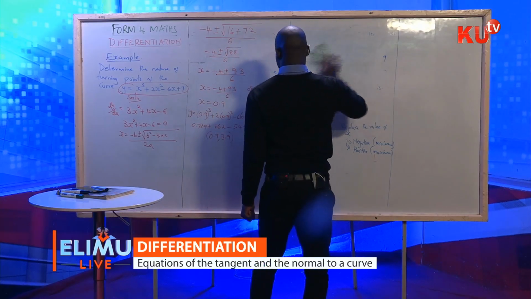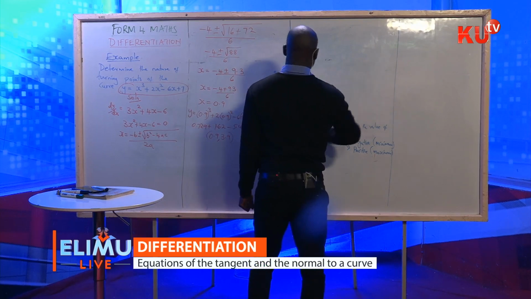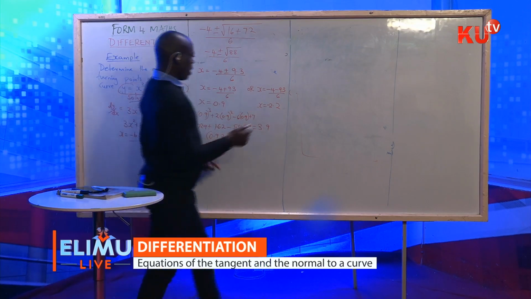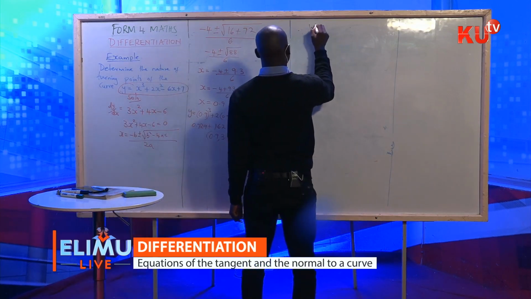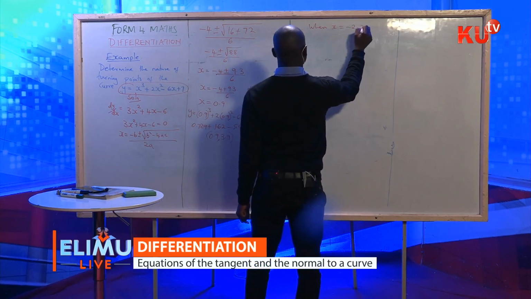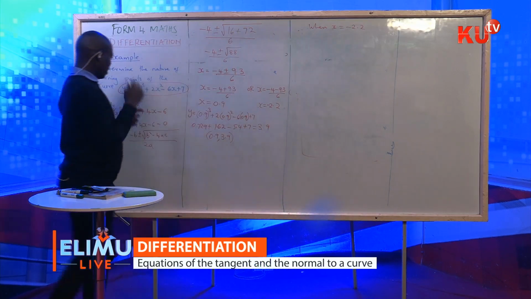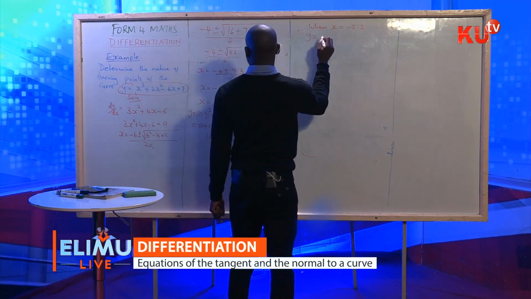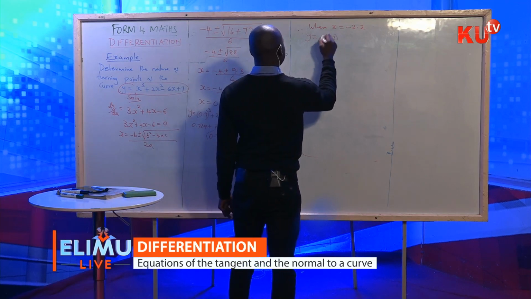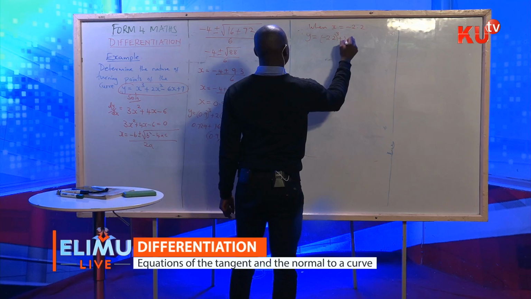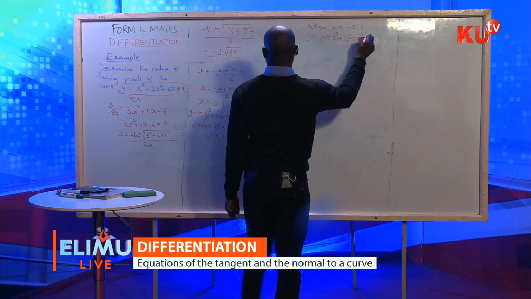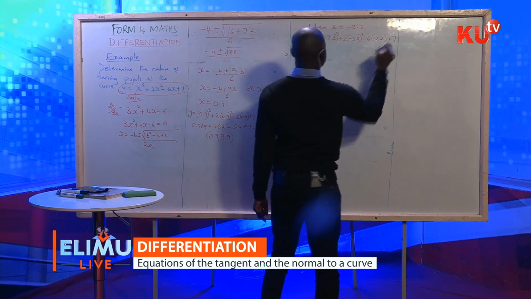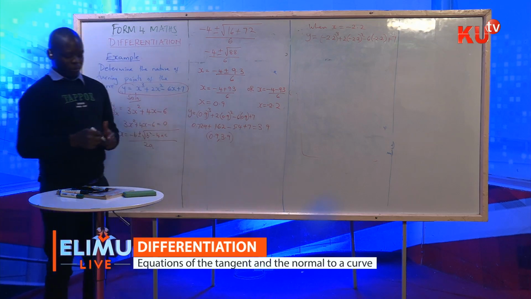Let's look at the value of y when x is negative 2.2, because we have to get all the two. When x is negative 2.2, we will replace it again in the function for y. So we shall have y equal to negative 2.2 cubed plus 2 into negative 2.2 squared, then minus 6 into negative 2.2, plus 7.